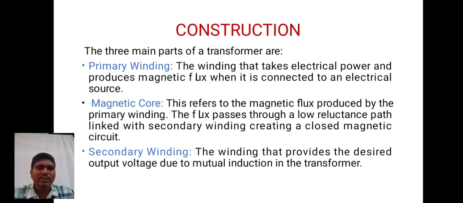The main function of the magnetic core is that the magnetic flux produced by the primary winding passes through a low reluctance path linked with the secondary winding, creating a closed magnetic circuit. The third one is the secondary winding, which provides the desired output voltage due to the mutual induction in the transformer.